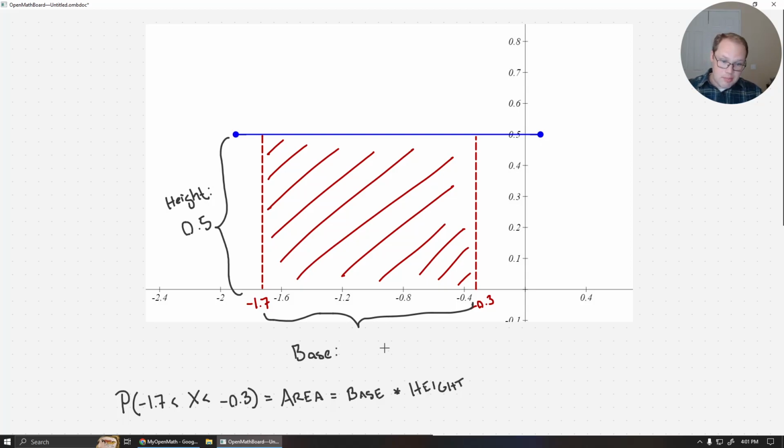So I take the bigger number, that's negative 0.3, and I subtract the smaller number, that's negative 1.7. Okay? And if you calculate that, you will get 1.4. You could throw it into a calculator if you're not comfortable doing that in your head. So that base is 1.4 times the height, which is 0.5.